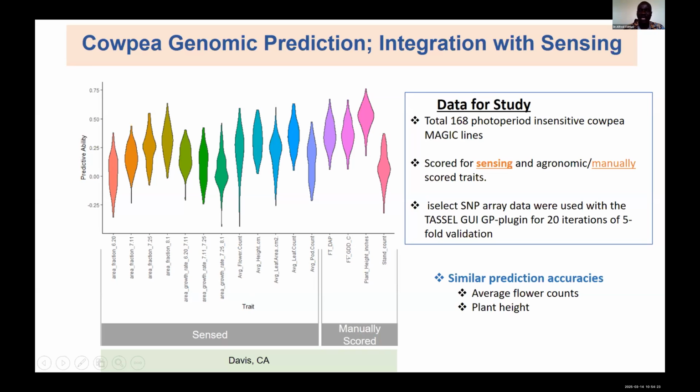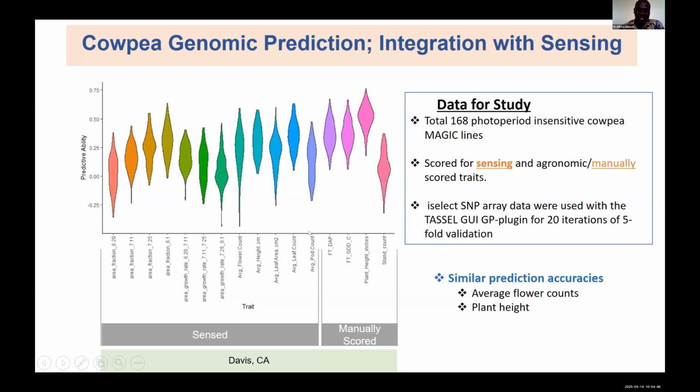This was done with about 168 photoperiod sensitive cowpea MAGIC lines, which represent diversity. Data were collected manually and using AI sensing tools, and then these 168 were genotyped with a SNP array.